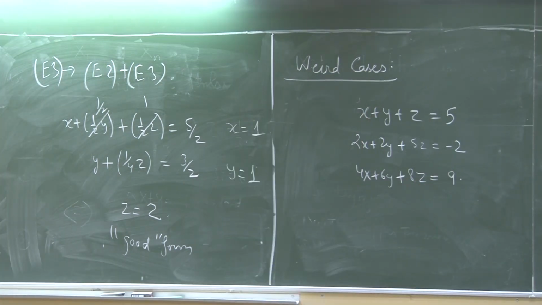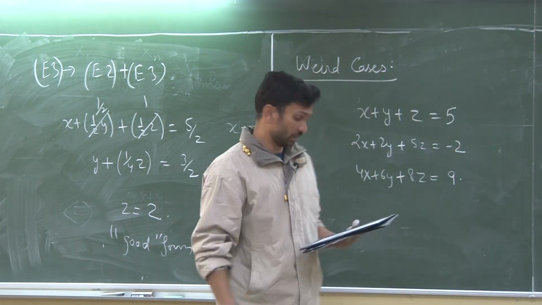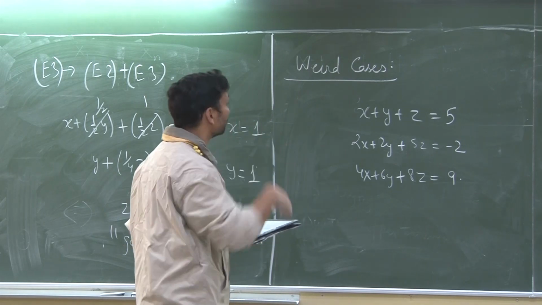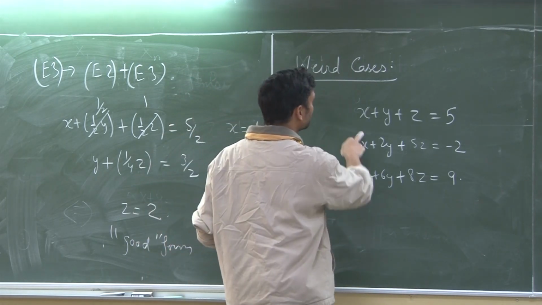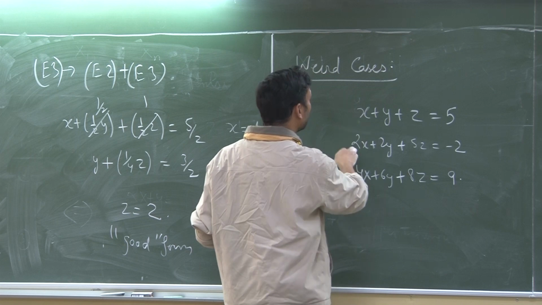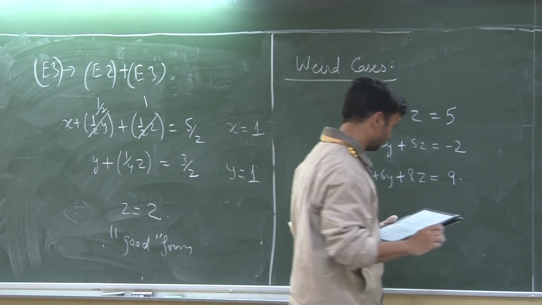I'm not going to write every step in detail now because you have seen how to make it work. Once again, if I want to remove coefficient of x, I will take this equation multiplied by 2 and remove it from here.